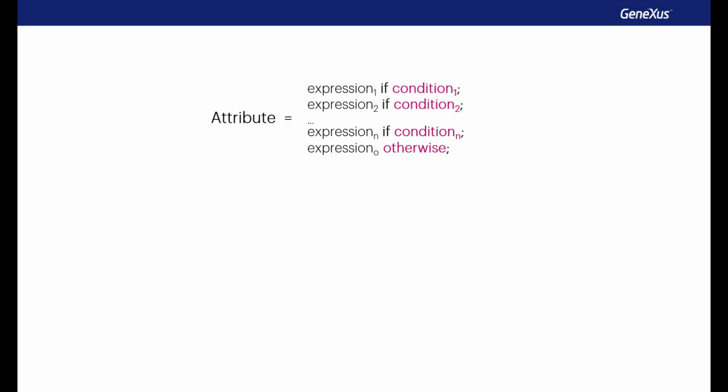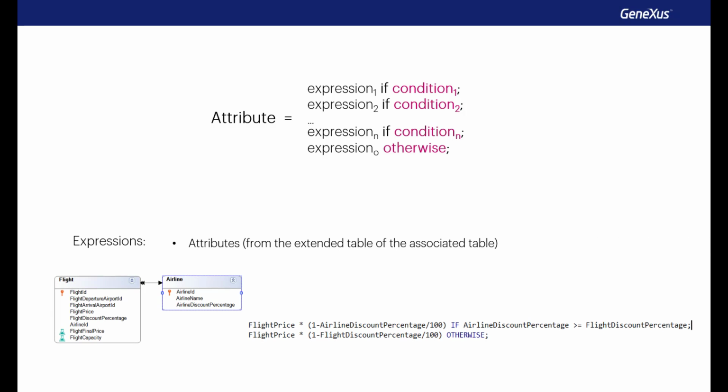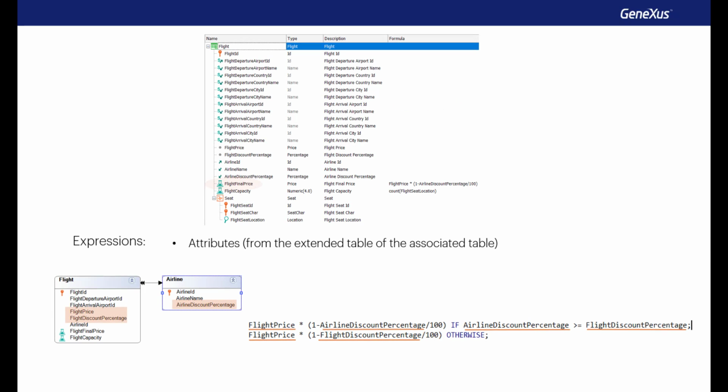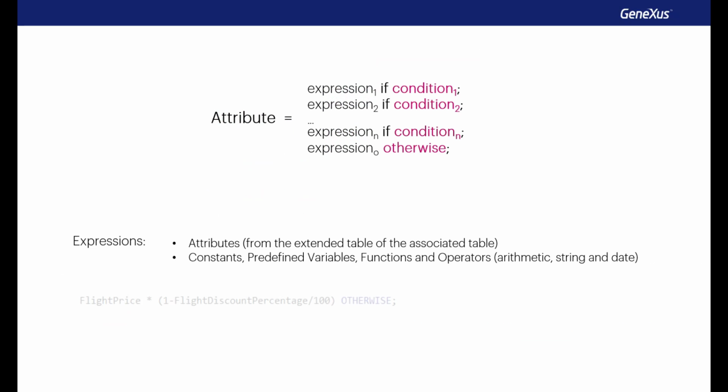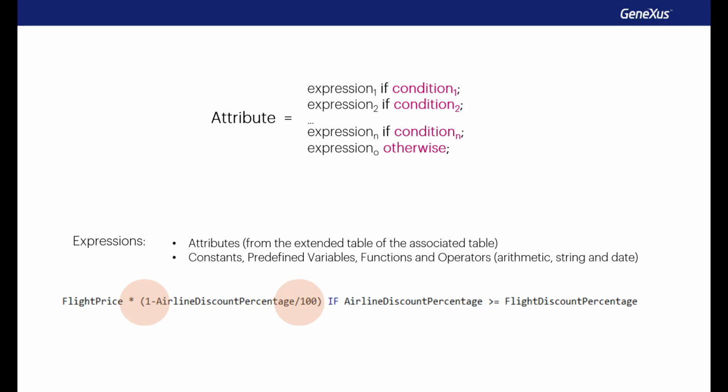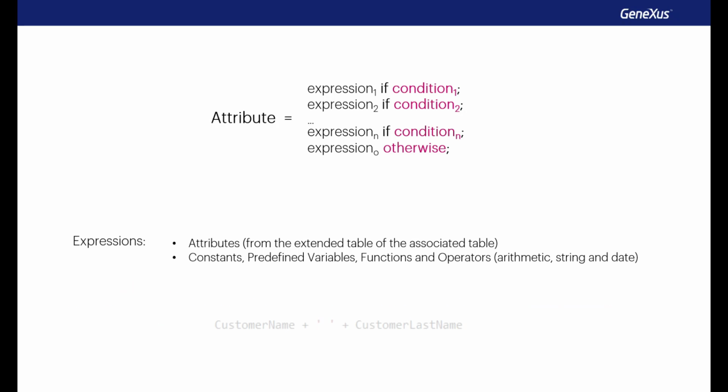Here we see the general syntax of the formula. Expressions can contain attributes belonging to the extended table of the table associated with the attribute being defined as a formula. Constants, predefined variables, functions, and arithmetic operators, such as addition, subtraction, multiplication, division, or power, string operators, such as plus, and date operators, such as plus and minus.